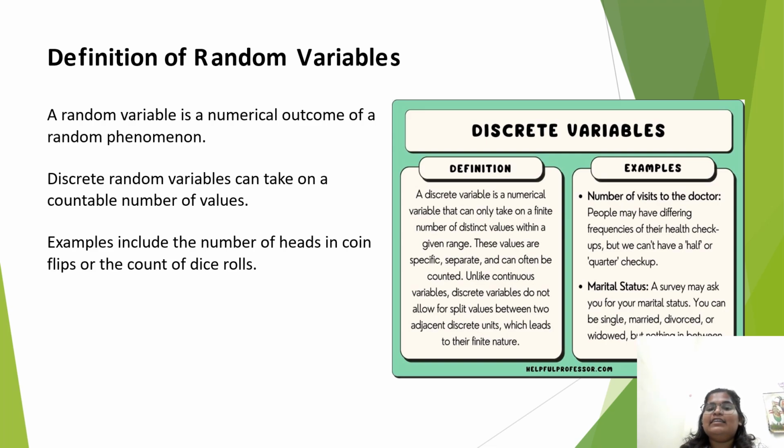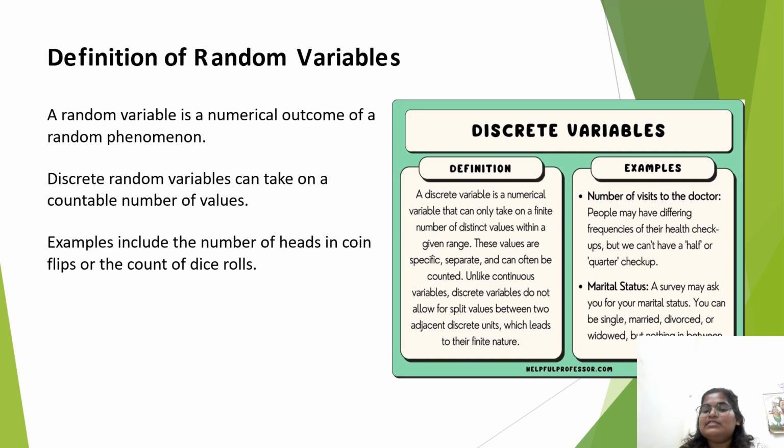Here, in discrete variables, the definition is: a discrete variable is a numerical variable that can only take on a finite number of distinct values within a given range. These values are specific, separate, and can often be counted, unlike continuous variables. Discrete variables do not allow for split values between two adjacent discrete units, which leads to their finite nature.